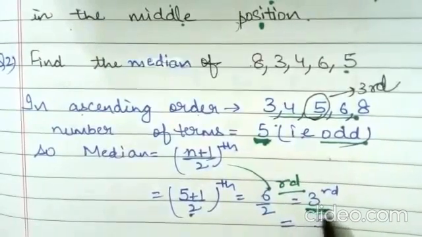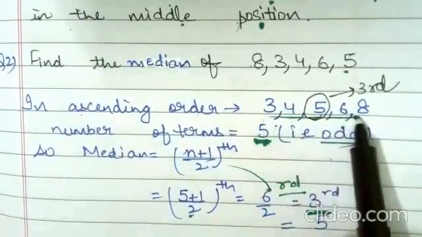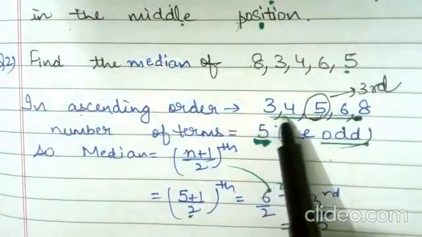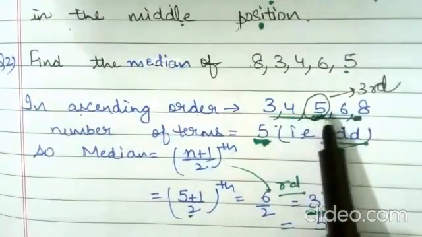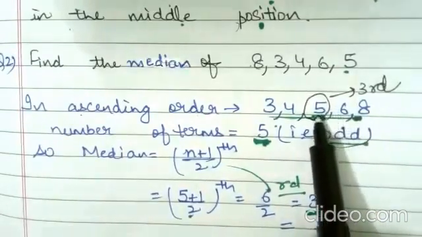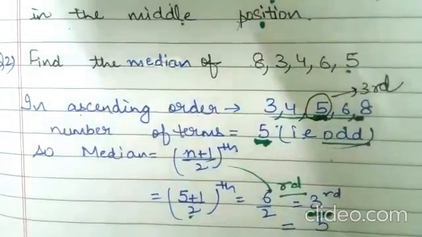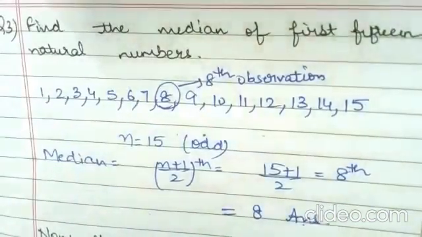Now we will see the third term in the ascending order arranged data. And what is the third term? Yes, this is the third term, that is 5. So the median is 5.